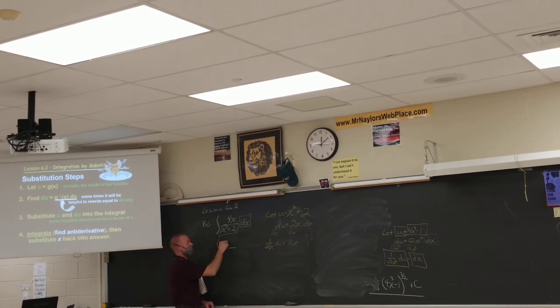You can just follow the process. Now, that means that this 4x, nothing changes, but it does mean that the bottom becomes just u. I know, it seems kind of strange, but yep, it's just u. This dx becomes this 1 over 2x du.